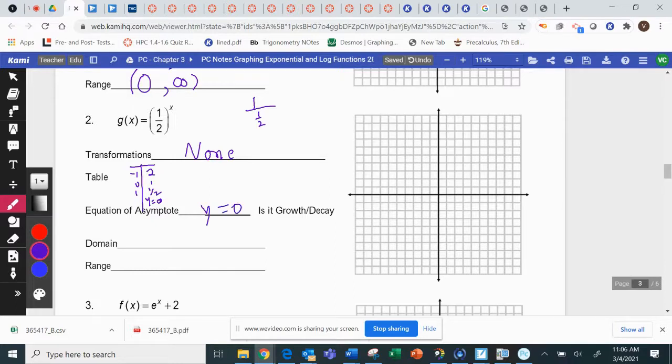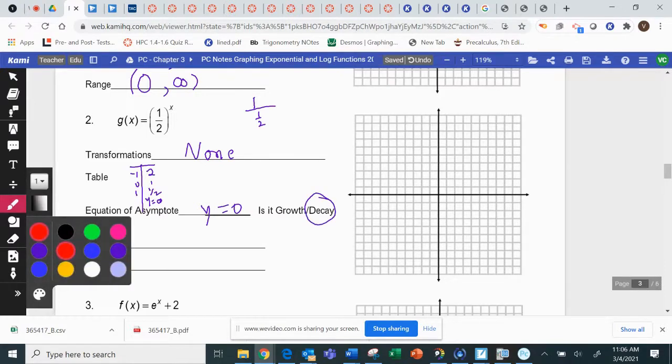Is this going to be growth or decay? It's going to be decay, and we'll see it as soon as we get it graphed as well. Okay, so -1, 2, 0, 1. 1 is a half. If we needed more ordered pairs, this is an easy one to find more ordered pairs with. Like if I did -2, it would be 4.